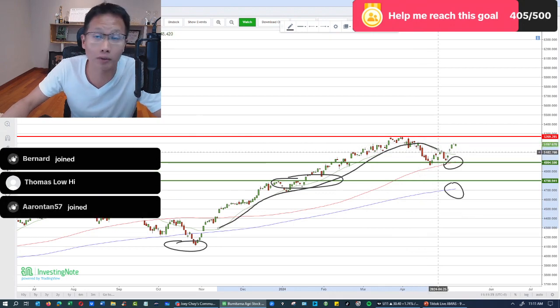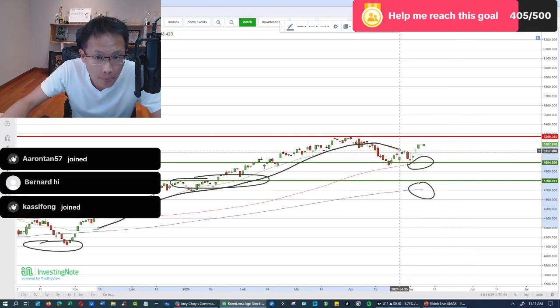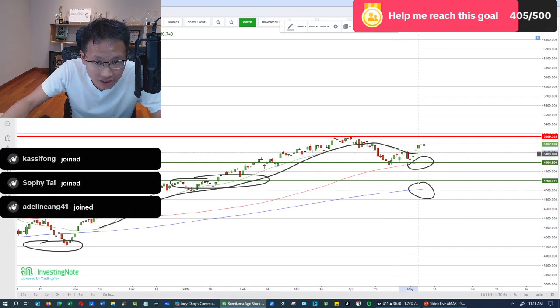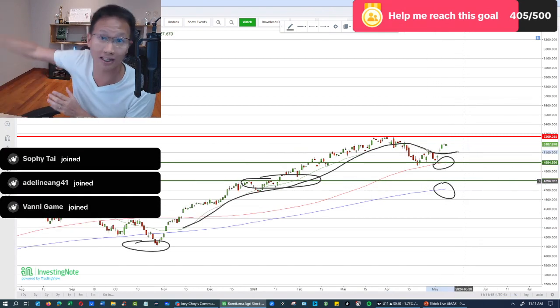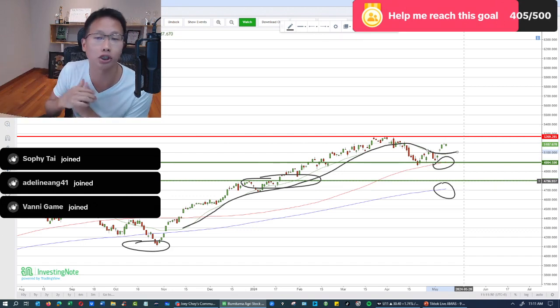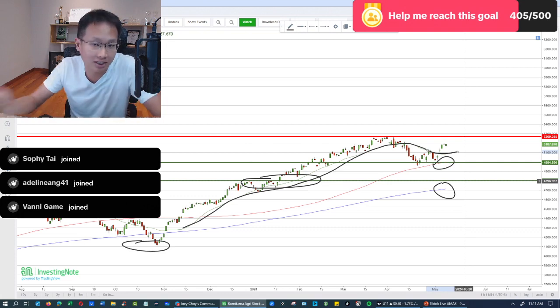That's the reason why we saw some short term weakness. But it seems like right now this 20 days moving average is starting to flatten out and maybe even start to point up as well. So we are seeing signs of not just the longer term trend that is already up, but also the short term trend turning back up as well. That's a good thing, guys.